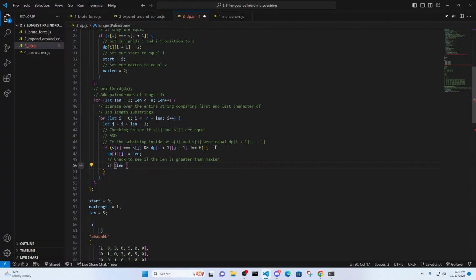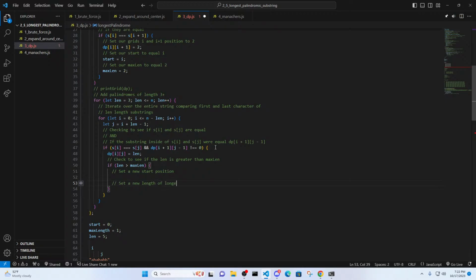So if length is greater than max length, then we set a new start position based on the i index, and we set a new length of longest palindrome. So max length equals length.